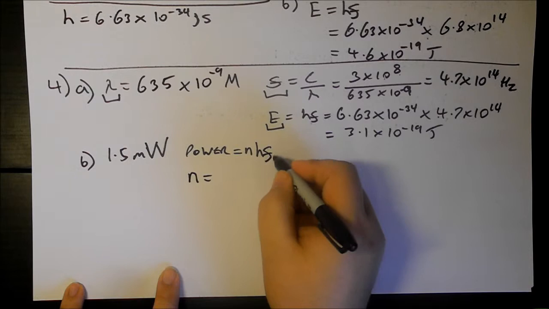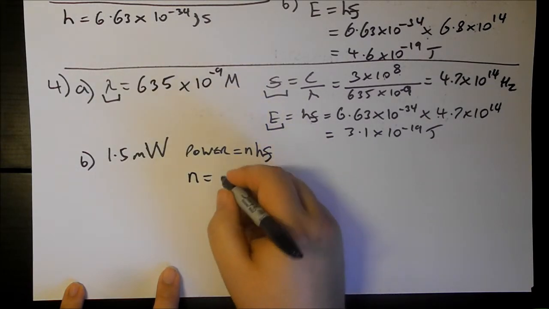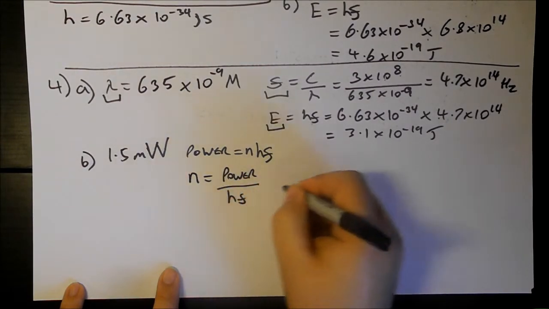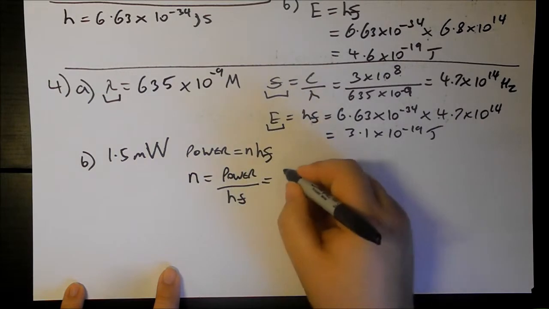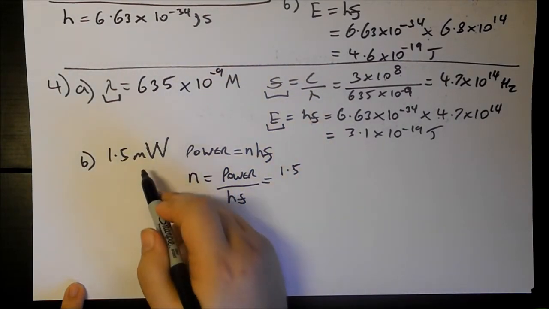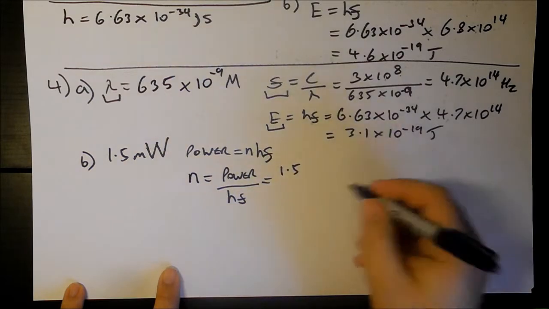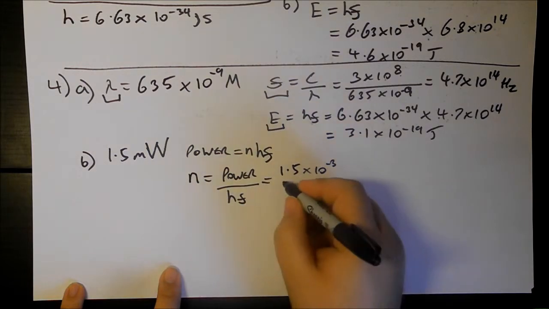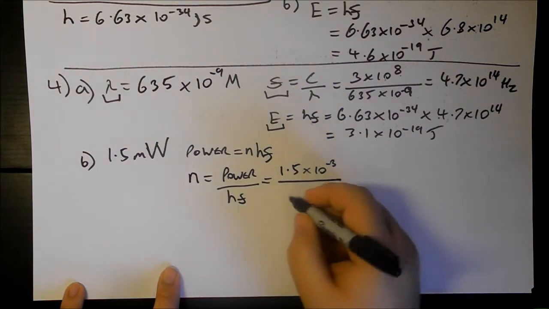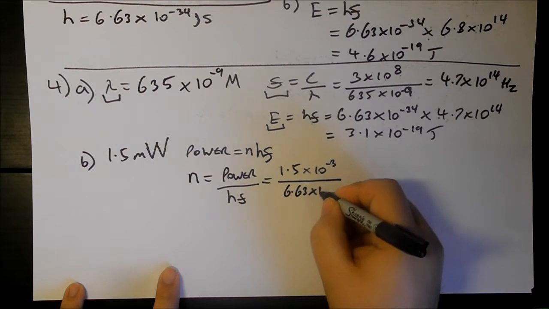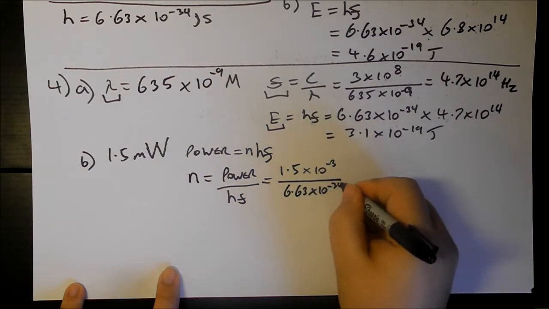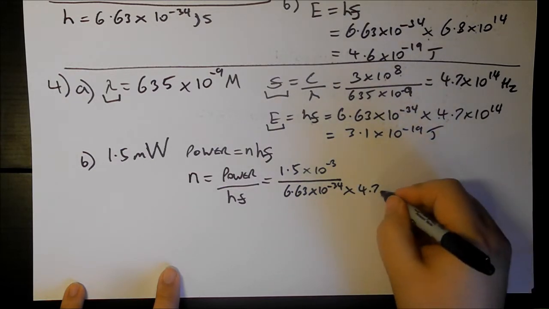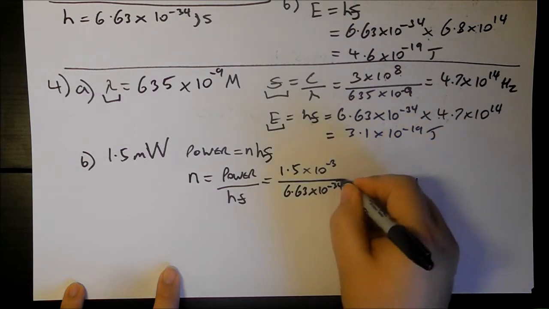We're going to need to take HF to the other side, and we're going to get power over HF. So we get a power of 1.5. Now I didn't follow that standard form idea myself there, but I could have done times 10 to the minus 3. So milli, times 10 to the minus 3, over HF, 6.63 times 10 to the minus 34 times 4.7 times 10 to the 14.